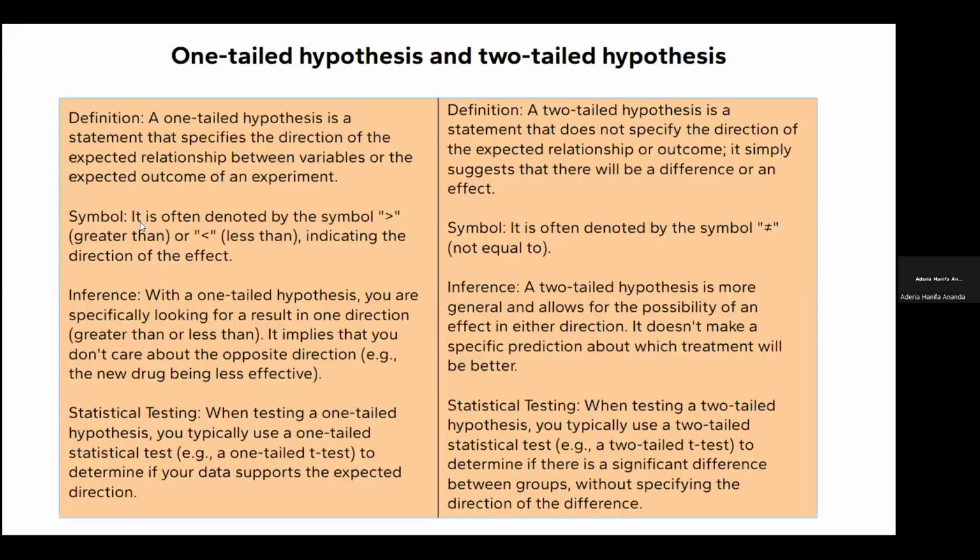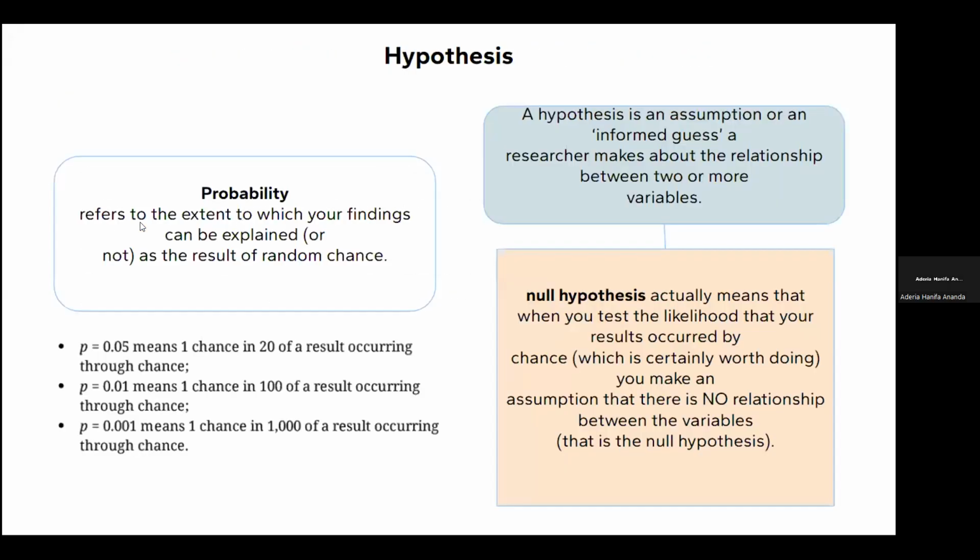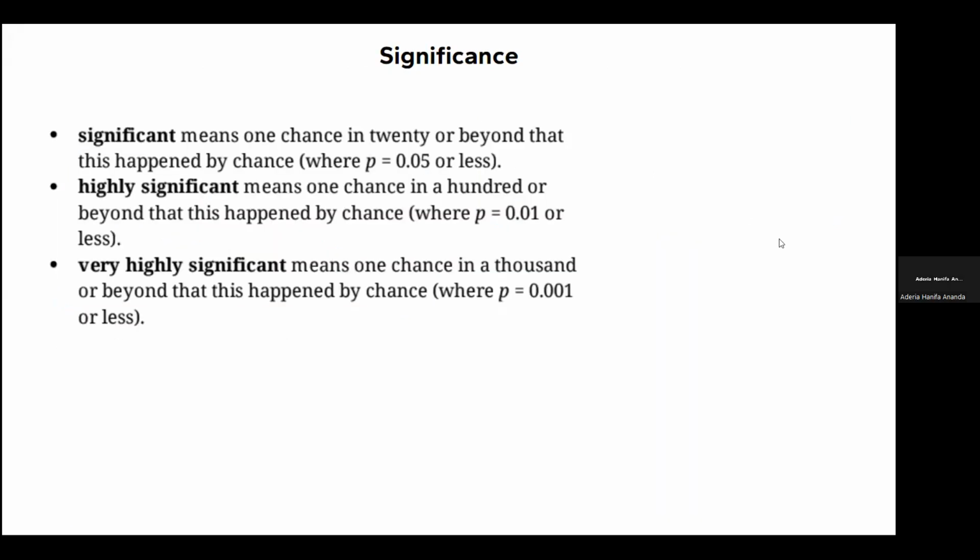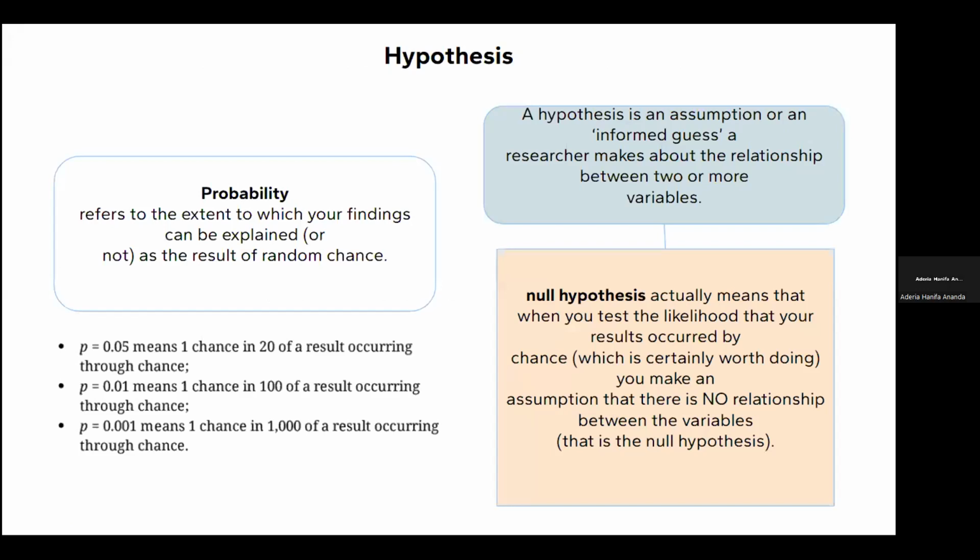This is the significance, the key reference from the hypothesis itself. Significant means one chance in 20 or beyond that this happened by chance, where P equals 0.05 or less, as I explained in the picture on the left side in the previous slide.